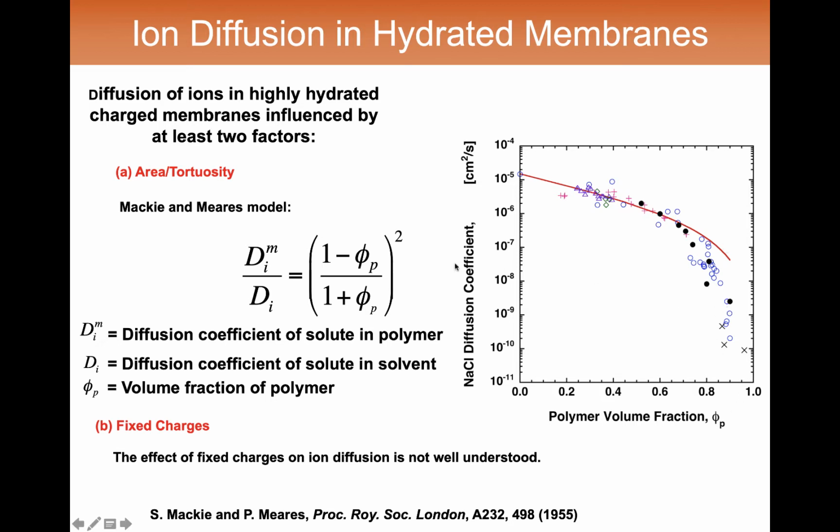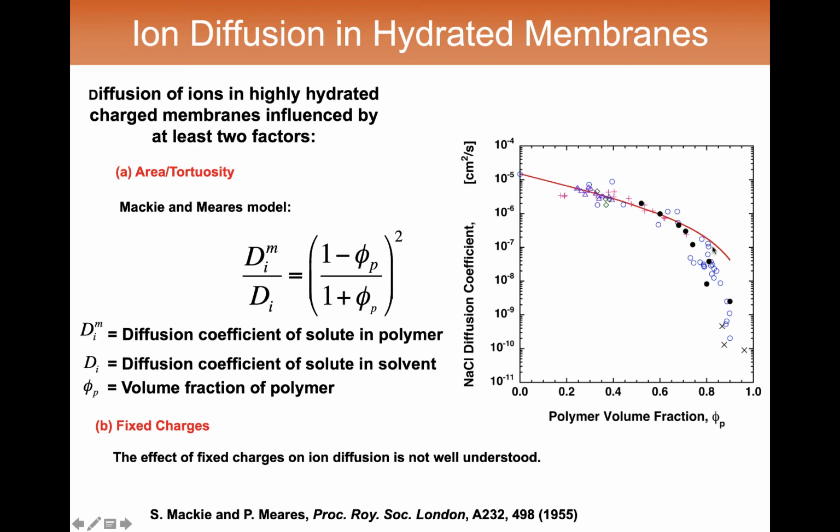And so this simple lattice-based approach, which neglects that coupling to the polymer chain motion, will simply not work once the water content gets to be extremely low. Regions down here that we might be interested in would be things like reverse osmosis membranes. So we are highly motivated to seek other types of models that don't exist today to describe diffusion of ions through materials that don't have a lot of water in them.